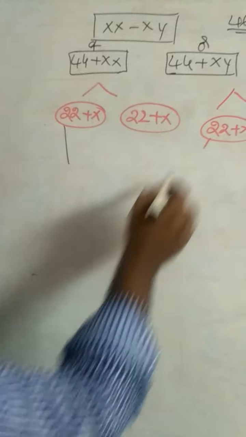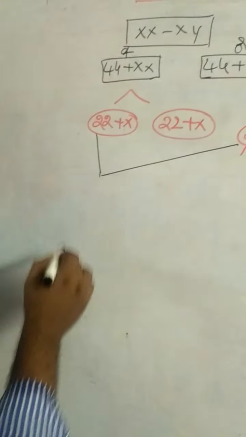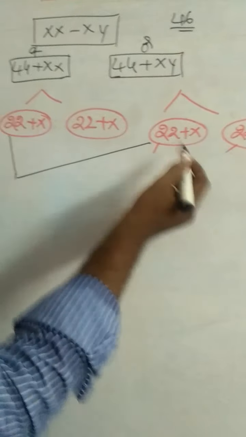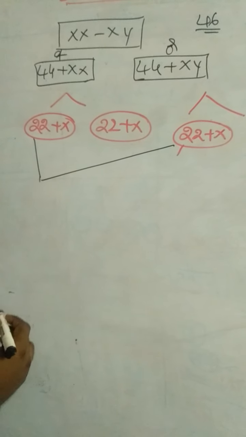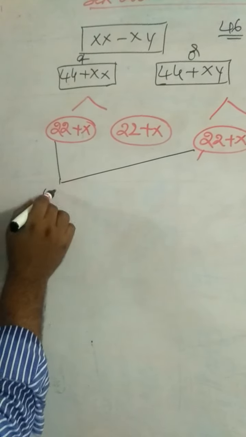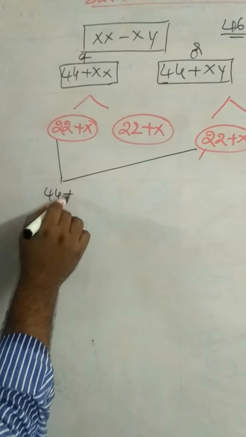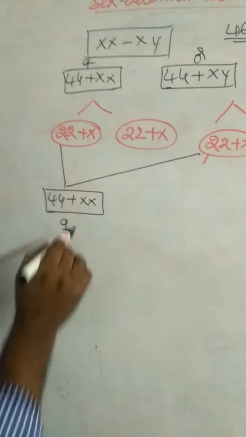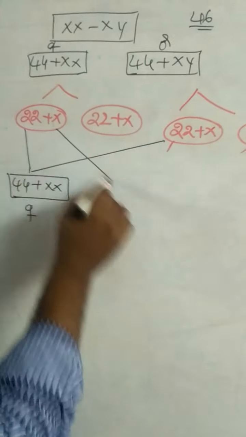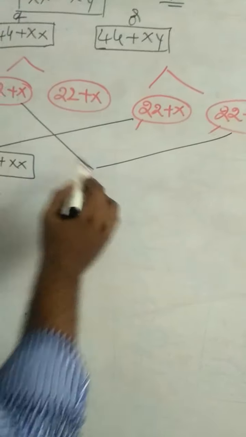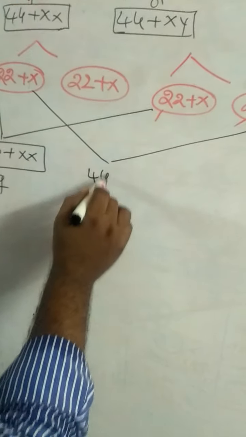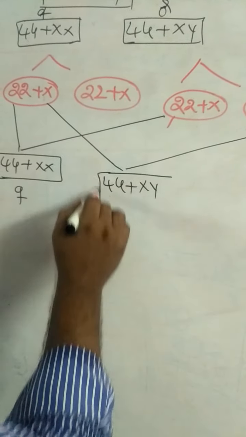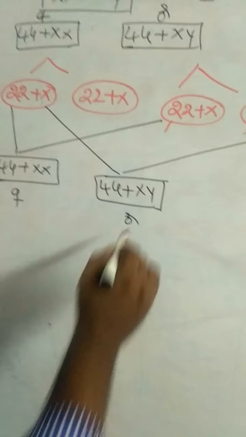When the ovum, 22 autosomes plus X, is fertilized with the X sperm, the total is 44 autosomes plus XX. This is female. And when it is fertilized with the Y sperm, it is 44 autosomes plus X and Y. This is male.